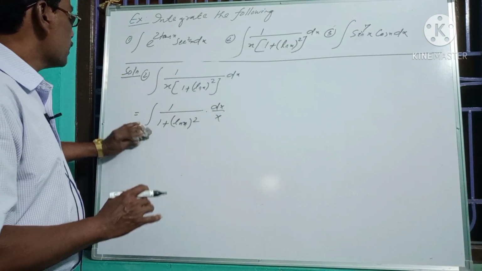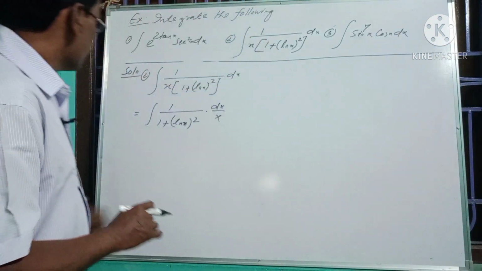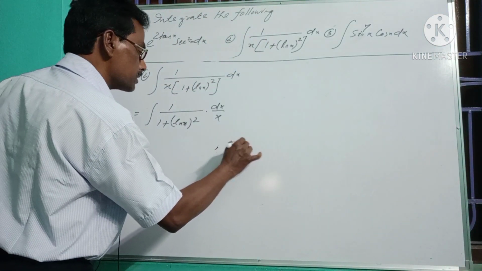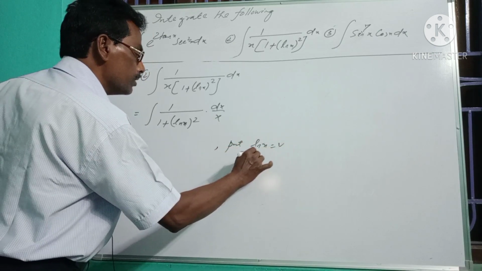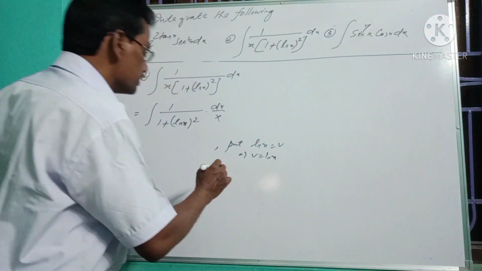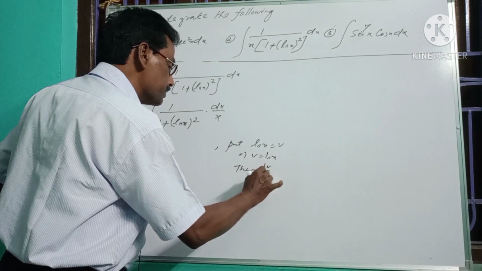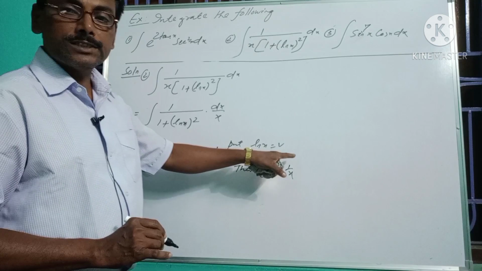So now let us substitute ln x as v for easy integration. So substituting ln x as v, we get v is equal to ln of x. Now v is a function of x, so differentiating v with respect to x, it will give us dv by dx is equal to 1 by x, that is, the derivative of ln x is 1 by x.